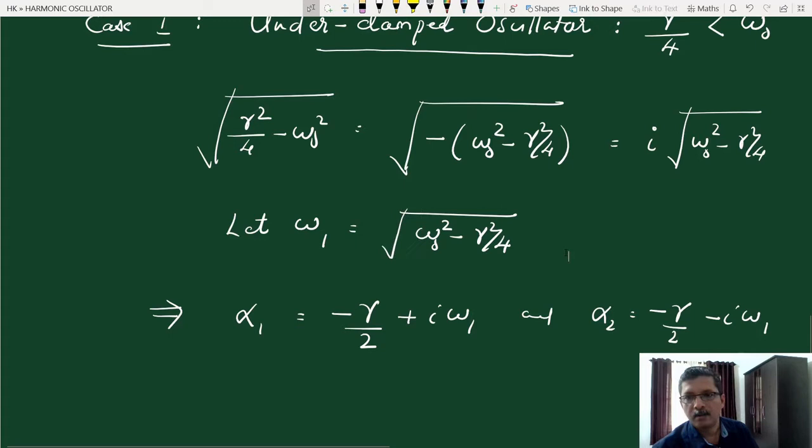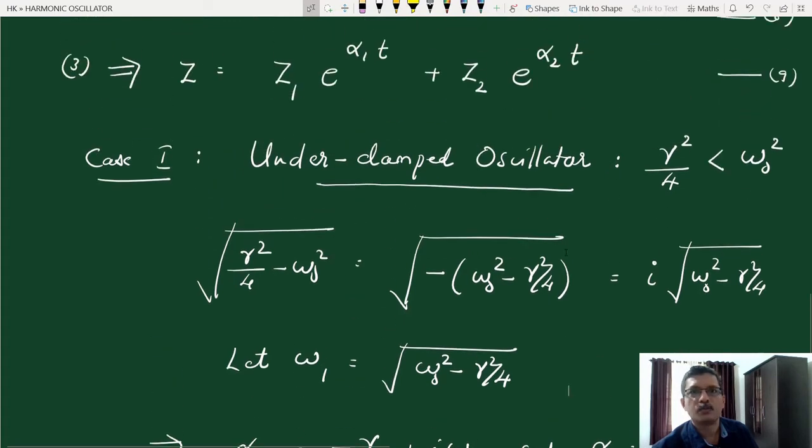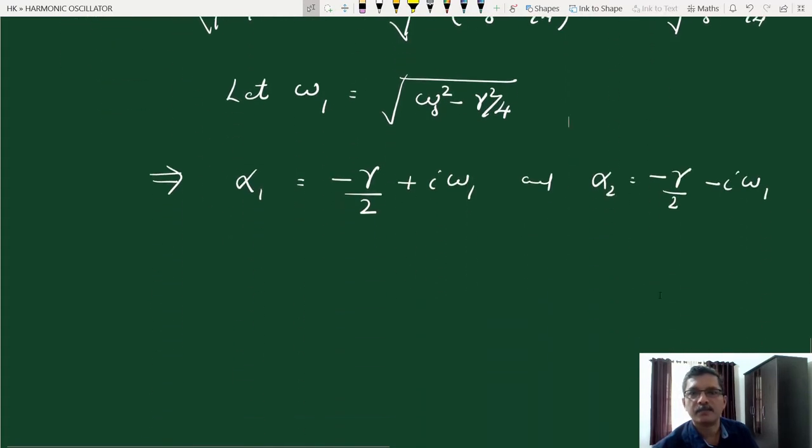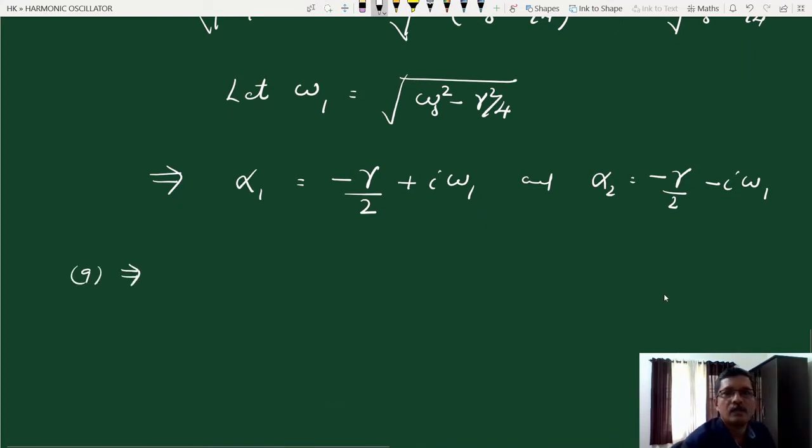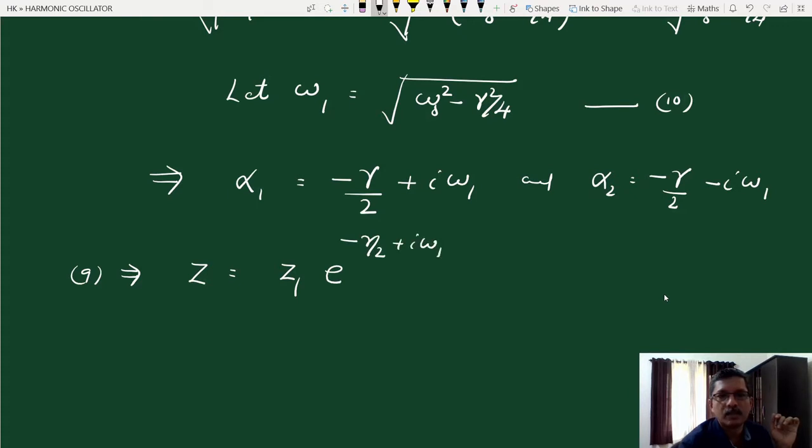So what is our solution? Equation 9 becomes, let me call this equation 10, z is equal to z1 e raised to, instead of alpha 1, I will substitute this, minus gamma by 2 plus i omega 1 t, plus z2.